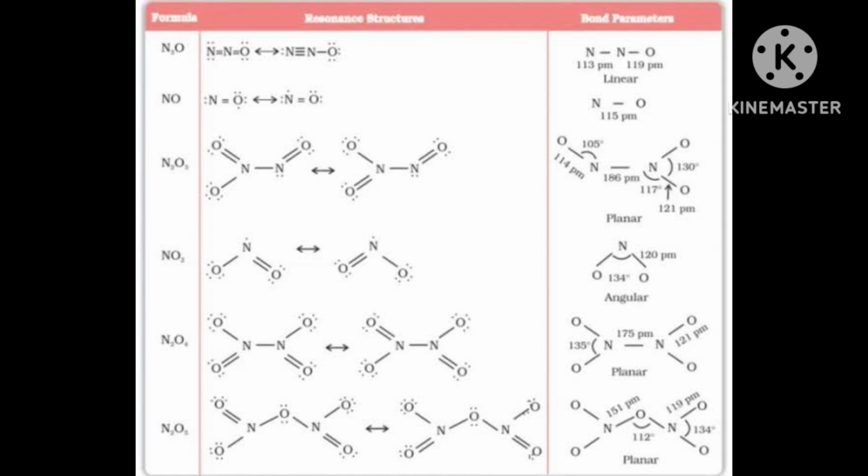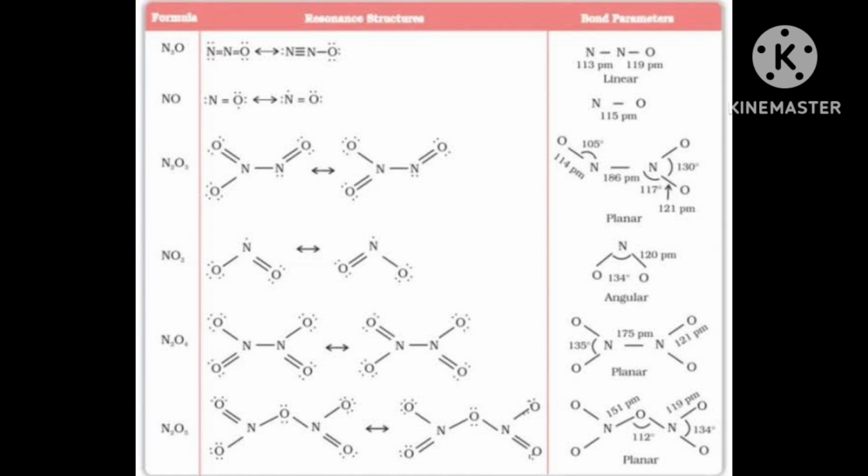Okay, the structure is very clear, because NO double bond gives 4 electrons, and 4 electrons on oxygen, so 8 electrons. For nitrogen, NO gives 4 electrons, plus both side NO single bonds, then 4 plus 4, 8 electrons.